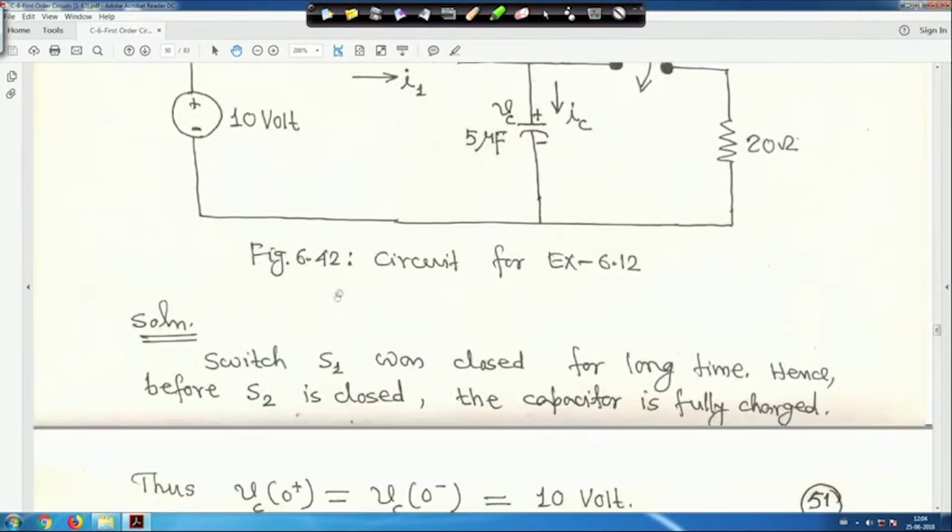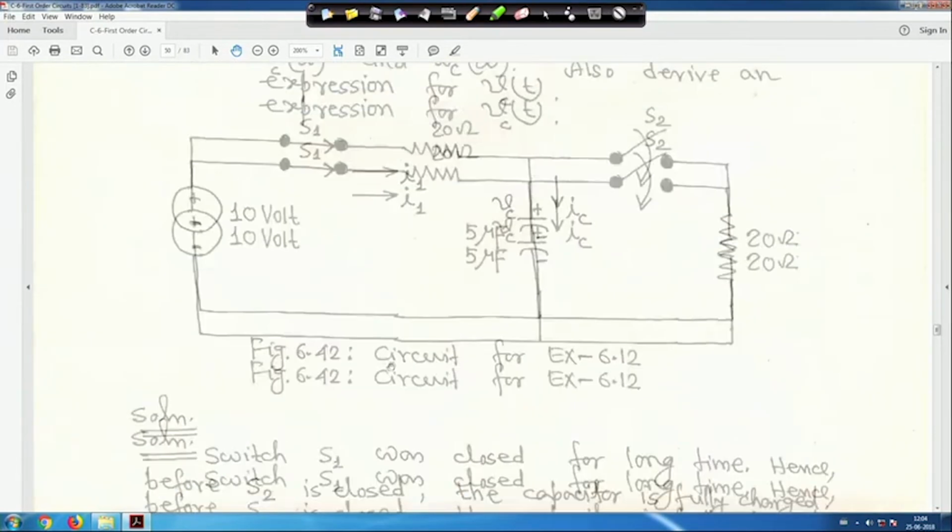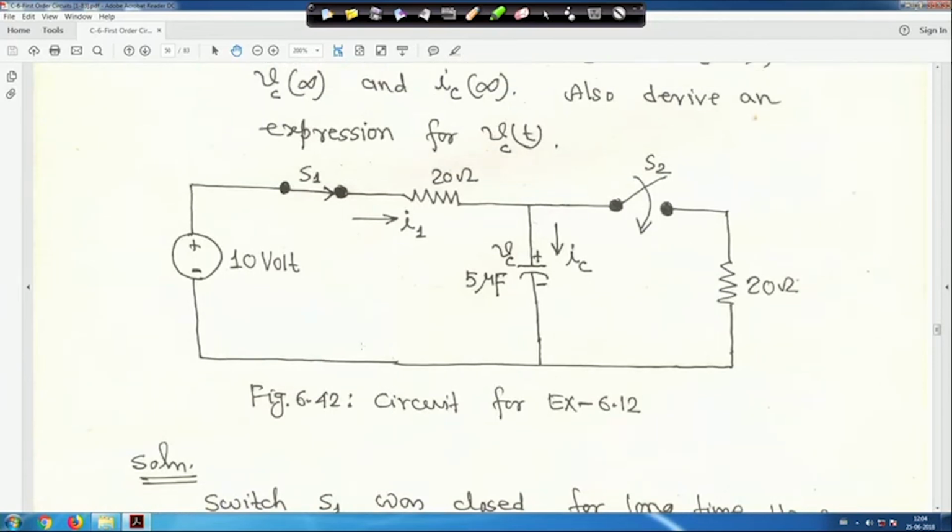Now, look, the switch was closed for a long time, hence before S2 is closed the capacitor is fully charged. That means the capacitor is acting as an open circuit.